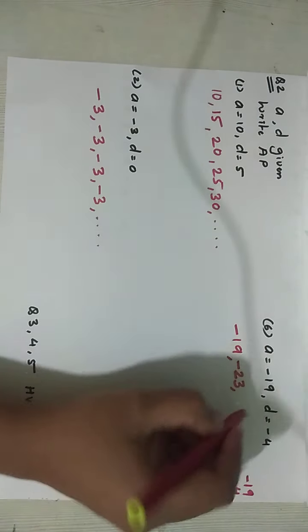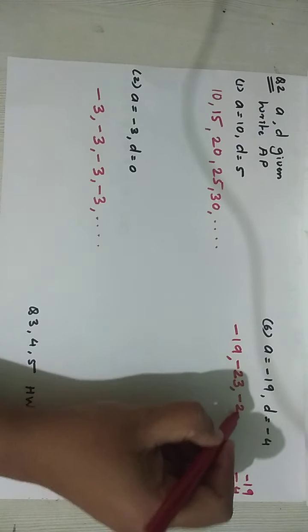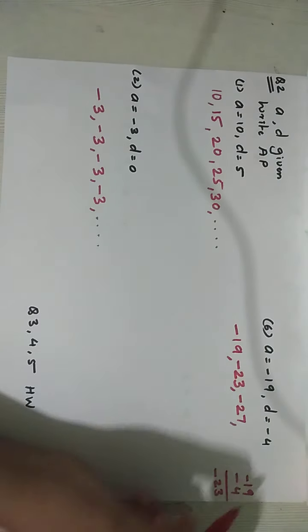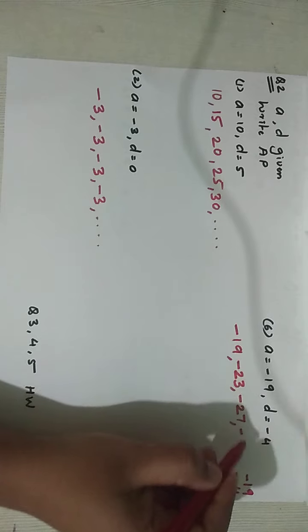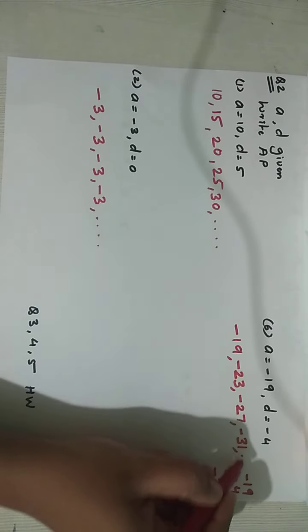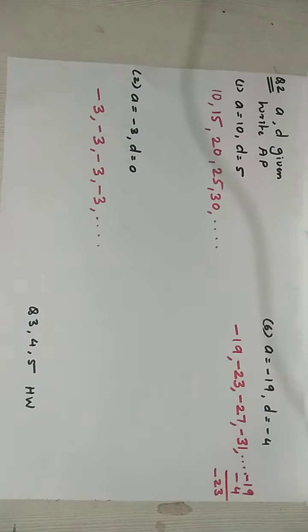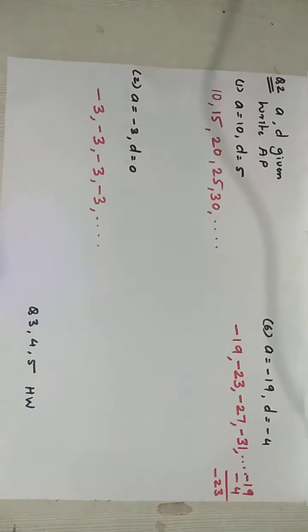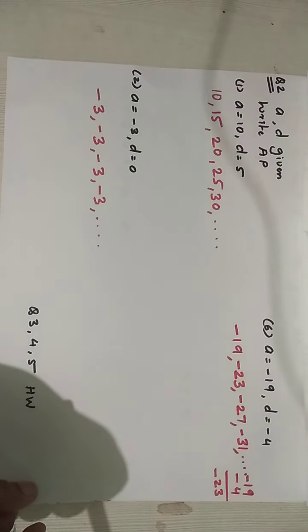Now again add -4 over here. This will be -27. One more 4 over here. This will be -31, and so on. This is the AP. So from this sum, question number 3, 4, 5 much easier than these. You can try question number 3, 4, 5 on your own.